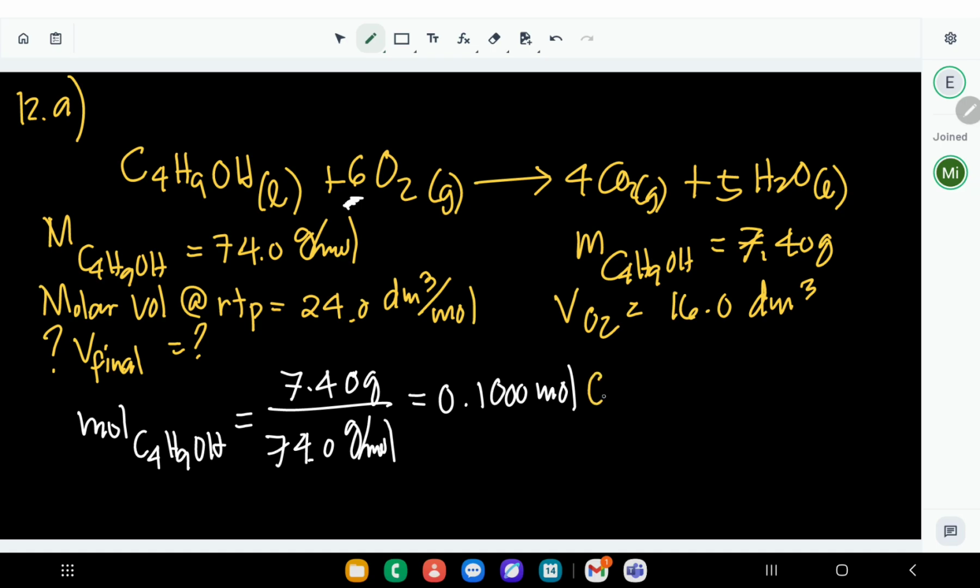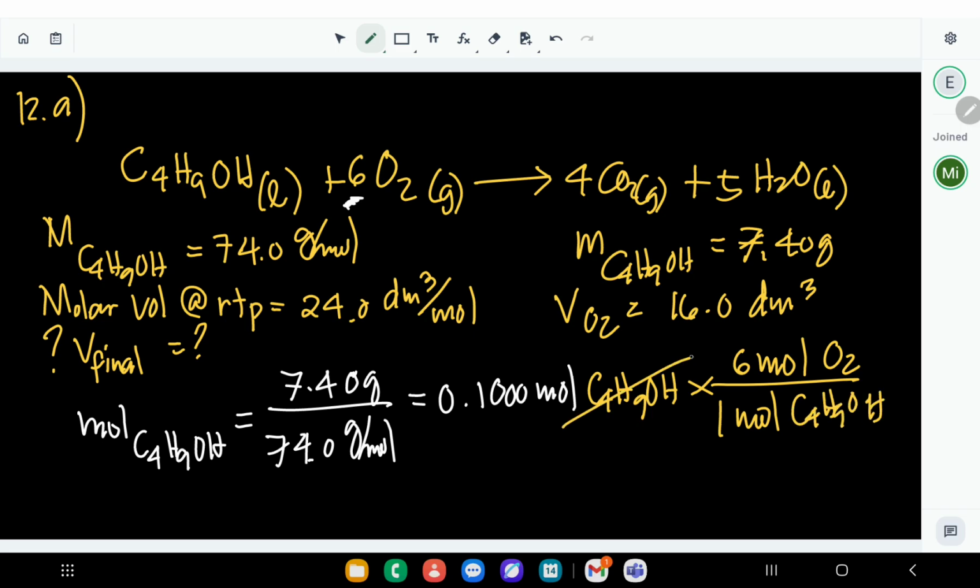The moles of butanol times the moles of oxygen per 1 mole butanol, and this cancels out. So that is 0.600 mole oxygen.